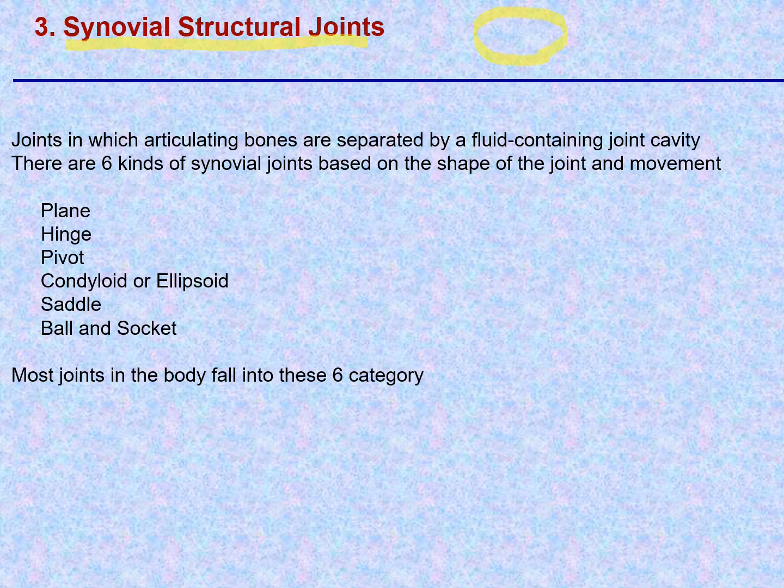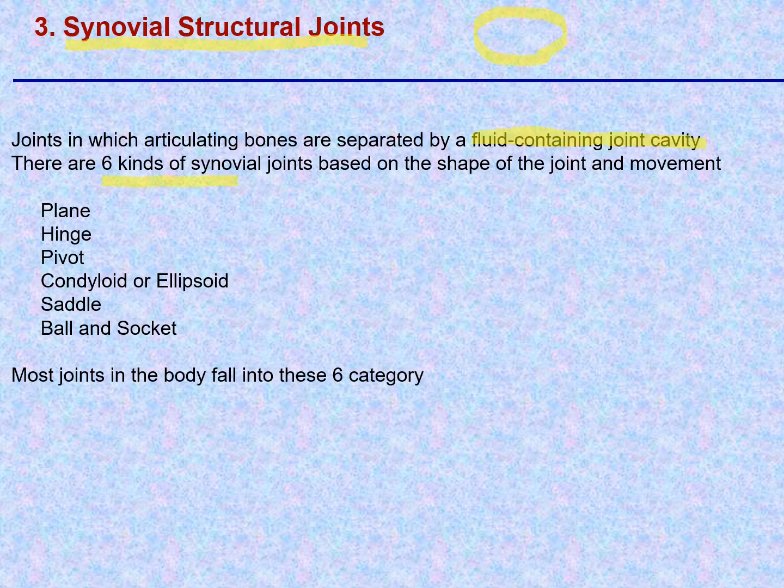In these types of joints, the bones are in a separate joint cavity that's filled with fluid to reduce resistance to movement. It's synovial fluid. It helps lubricate the joint essentially.